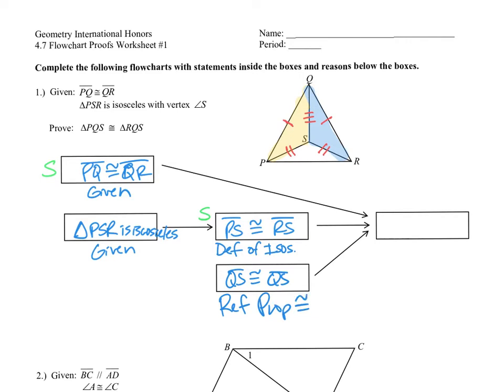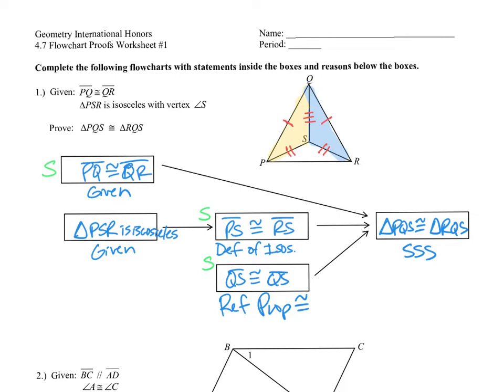So that gives me a third pair of sides. Now I can see that I have three pairs of sides congruent, so that's enough to get the triangles congruent. So I'm going to say that triangle PQS, the yellow one, is congruent to triangle RQS, the blue one, and the reason is side, side, side.